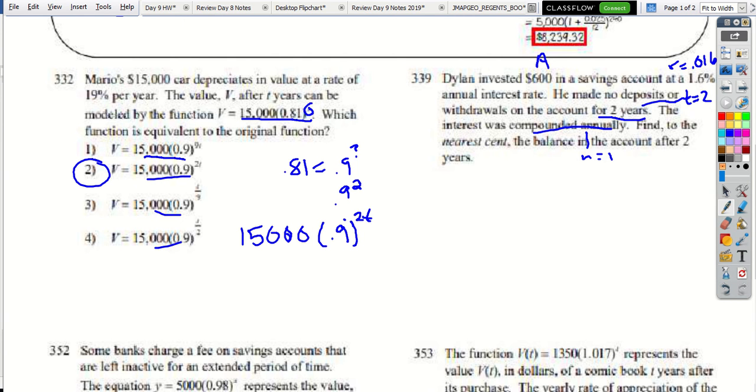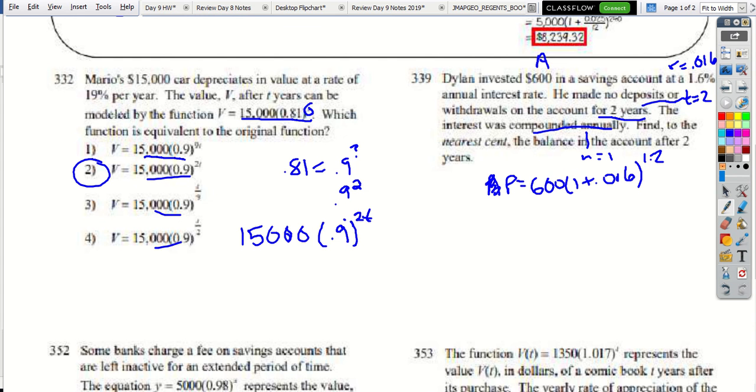Okay, so we're just going to do our thing. P is equal to 600, and it's getting more money, it's appreciating, so it's 1 plus r, 0.016, raised to the n, which is 1, times t, which is 2.